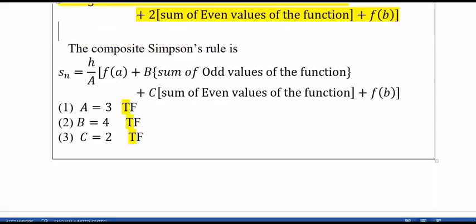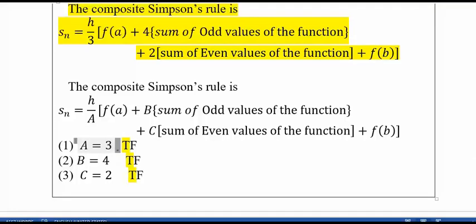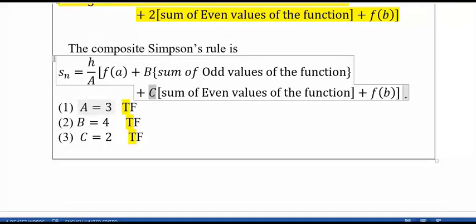So we write it in MCQ questions. Here h over 3 we write as h over a, and 4 here take it as b, and 2 take it as c, and the questions are a equal 3, which is true, b equal 4, which is true, c equal 2, which is true.